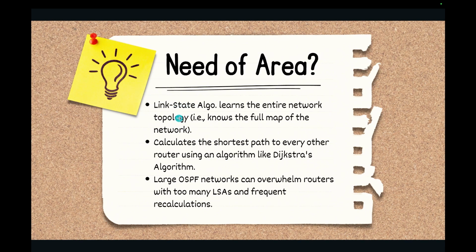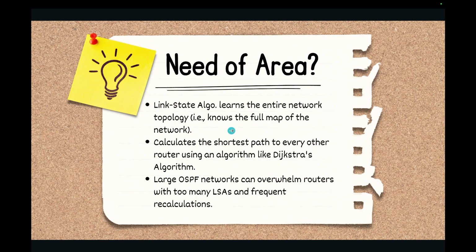Each and every router will know the full map of the network, assuming that all the routers are running OSPF. Then it calculates the shortest path to every other router using an algorithm like the Dijkstra algorithm. That's the second thing, and it does this for all the routers that are there on the network.